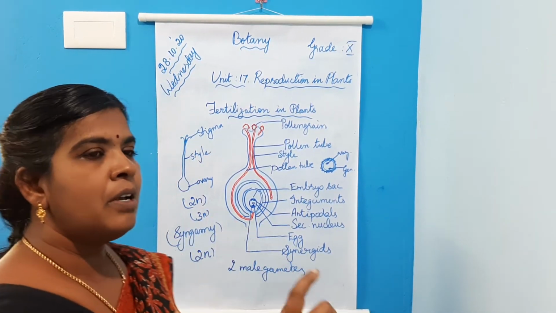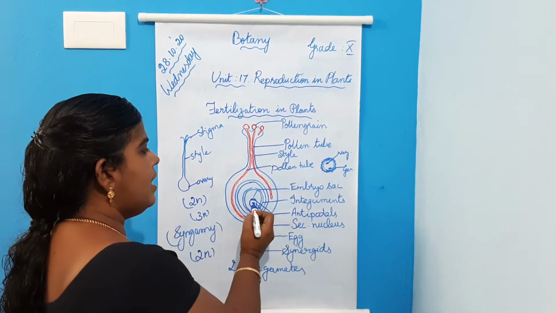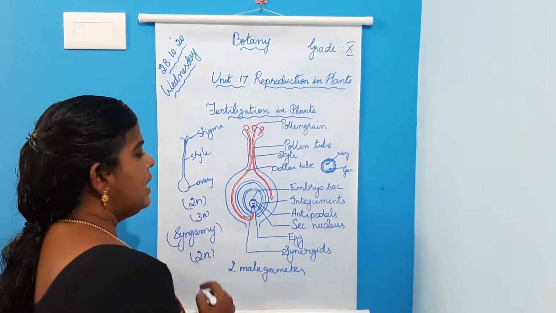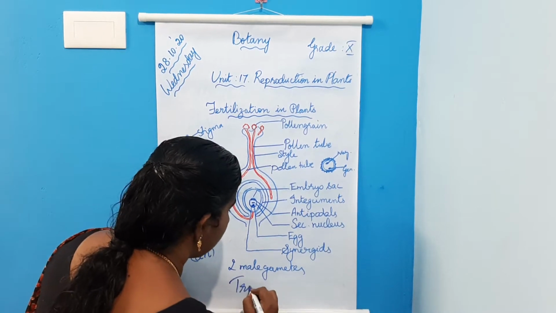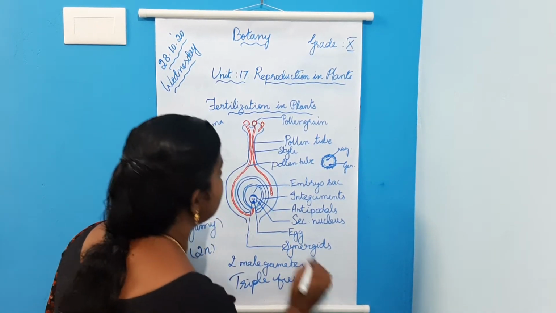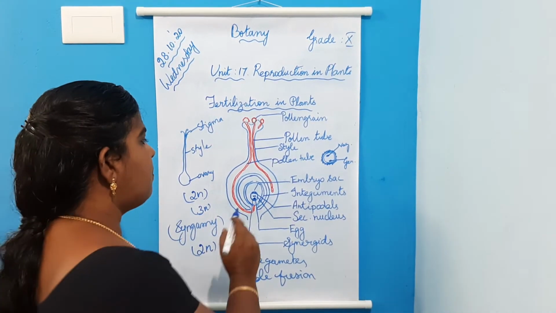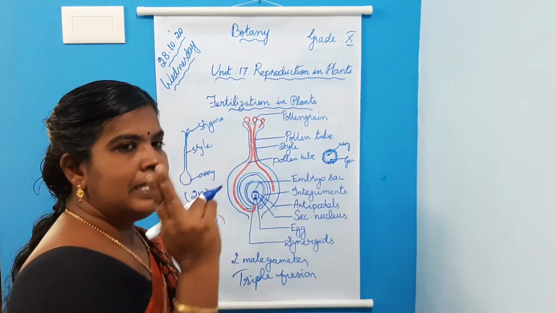One of the sperm fuses with the egg and the second sperm fuses with the secondary nucleus. That is called triple fusion. It is called a triple fusion because the secondary nucleus is diploid.